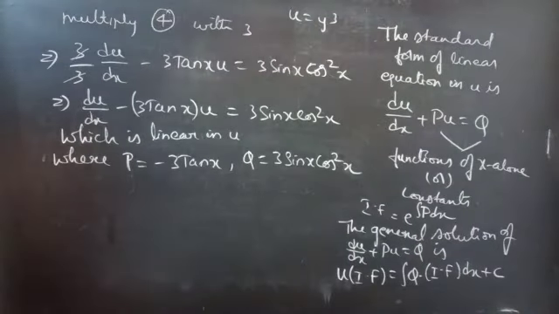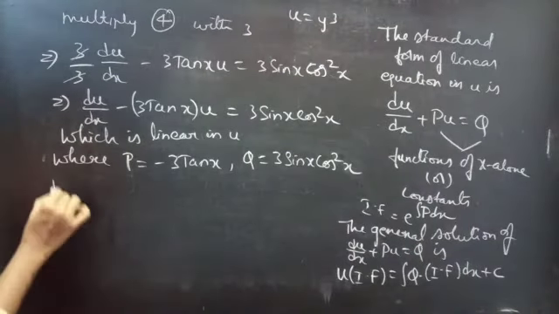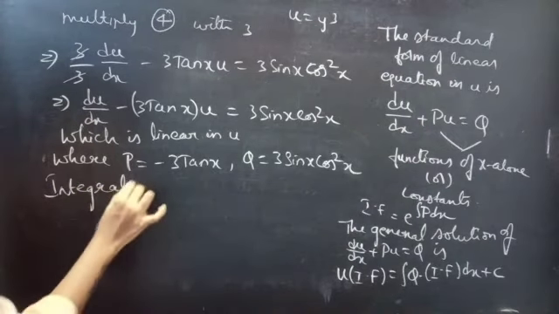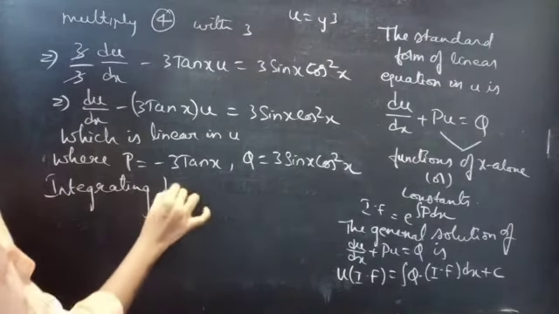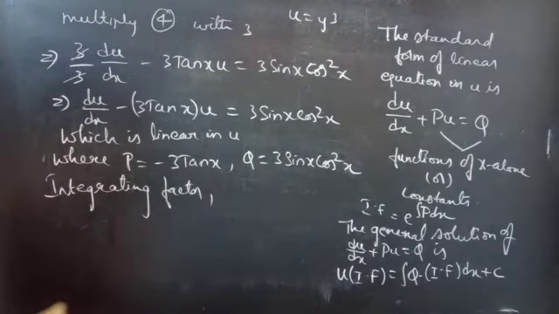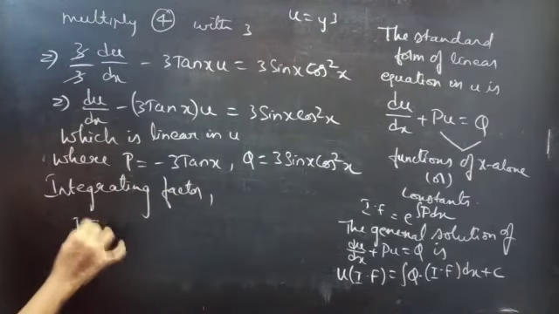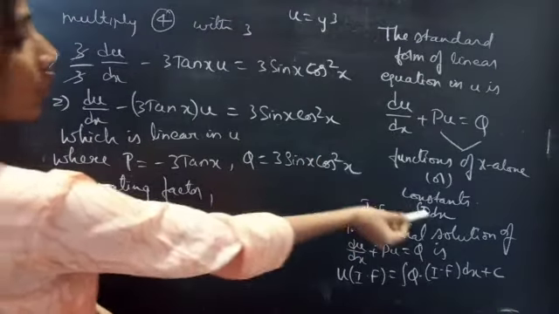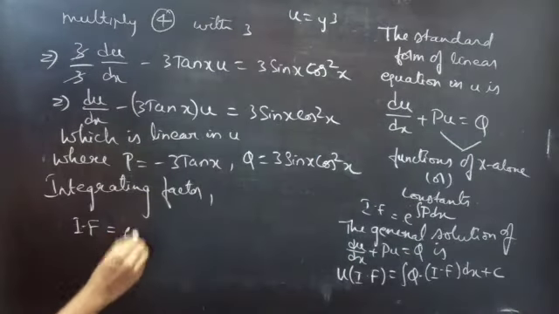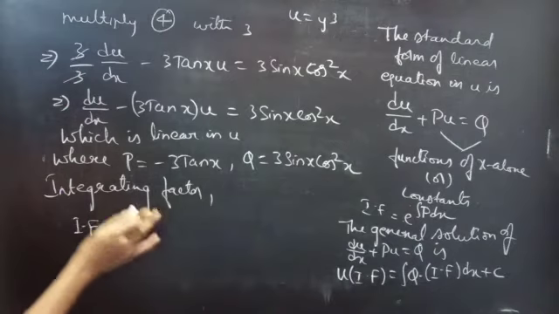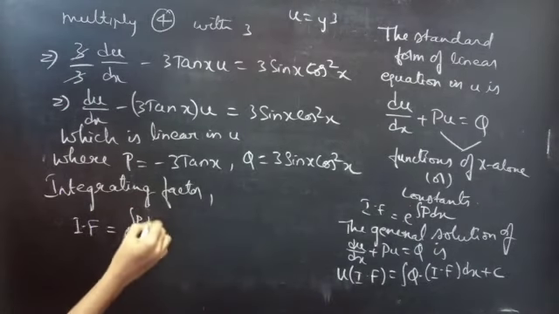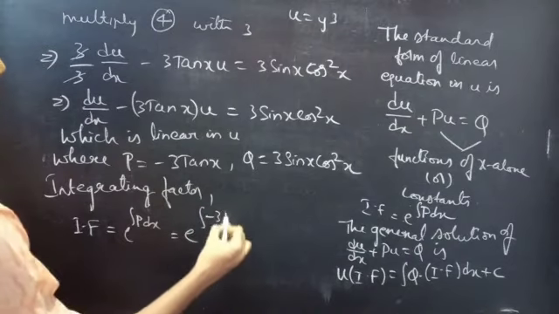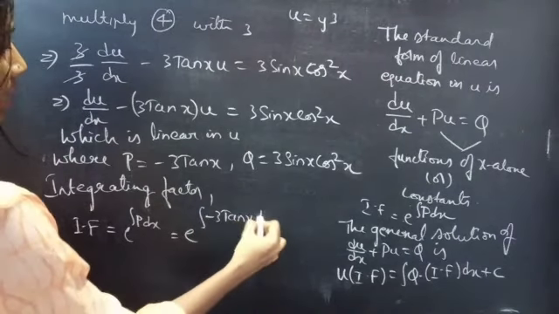Now we need to find the integrating factor. We know that the integrating factor of a linear equation in u is given by e power integral p dx, which equals e power integral of minus 3 tan x dx.